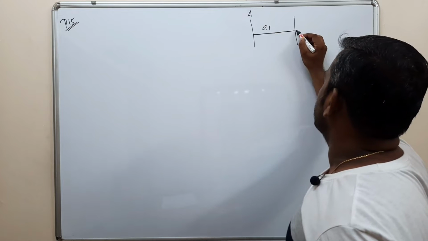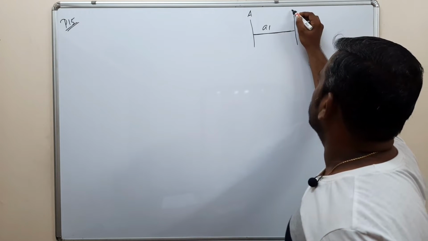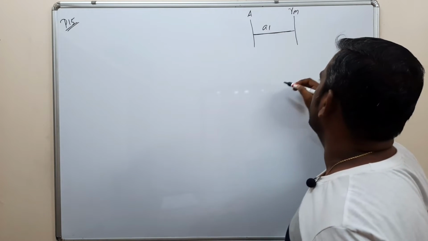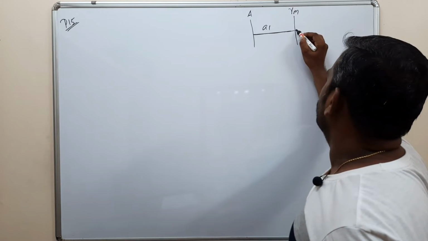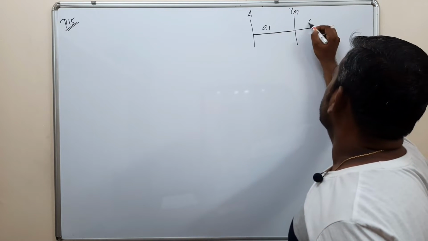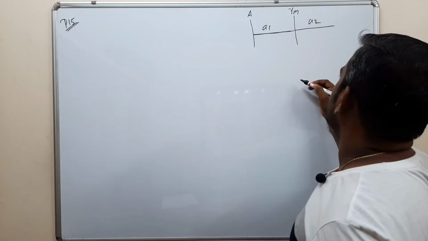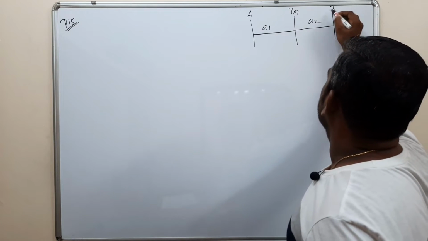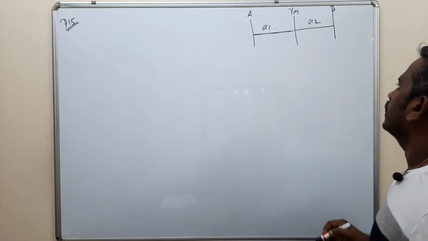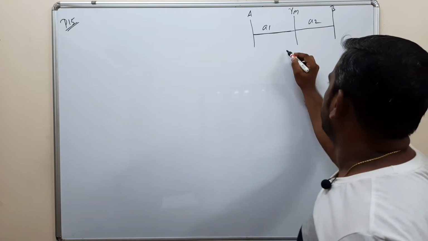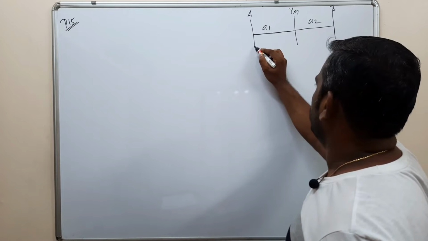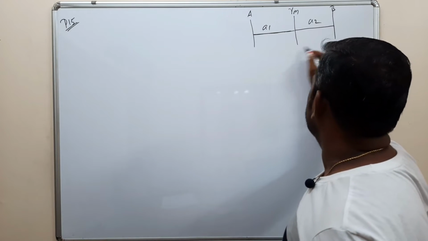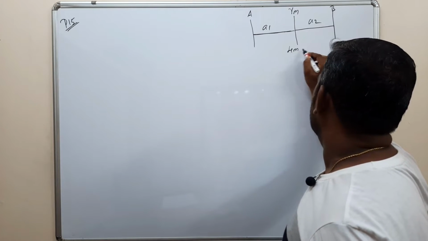It reaches a constant velocity, that is Vm, and from this point onwards it starts to decelerate with a constant deceleration A2, and it comes to rest at station B. The total time taken by the train from station A to B is 4 minutes.